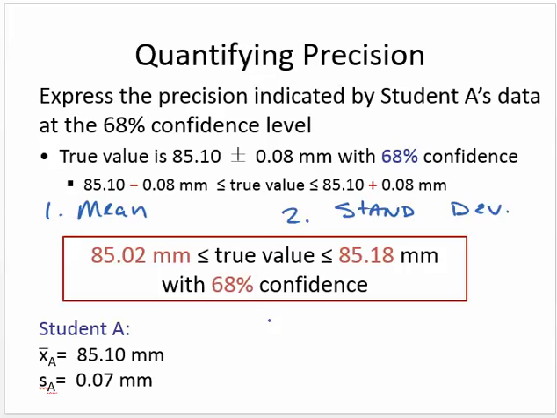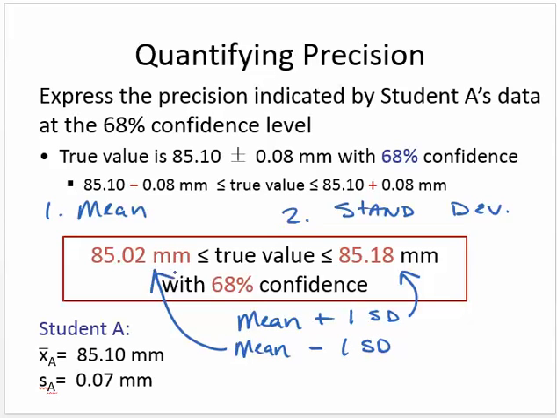Then you take the mean and add one standard deviation. That's going to be one of your numbers. That's how we got this number right here. Then you take the mean and minus one standard deviation. That's how they got this number over here. And when you do that, this becomes your confidence level.